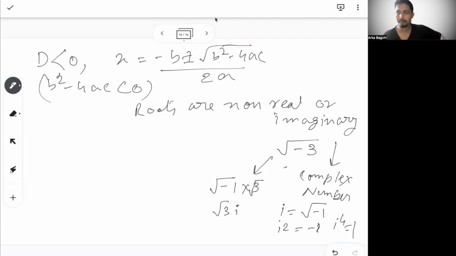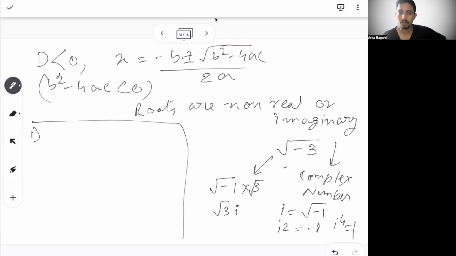This is the way we can write something under a root by introducing the complex number i. So then roots are non-real and imaginary.